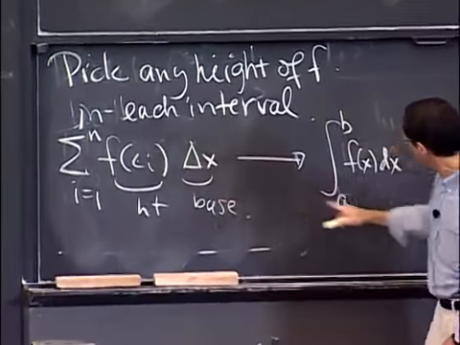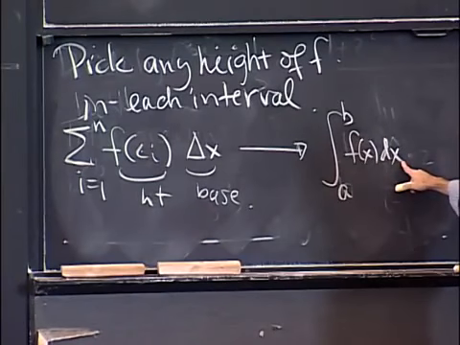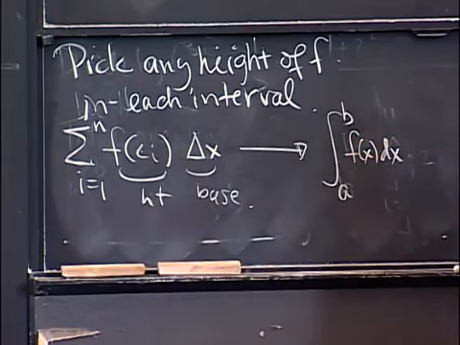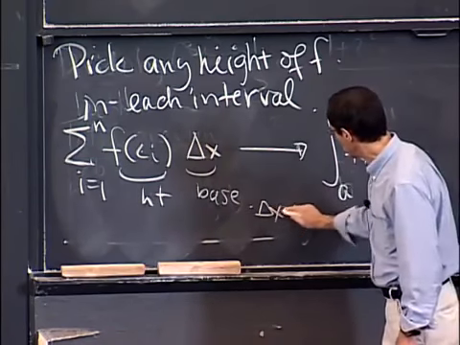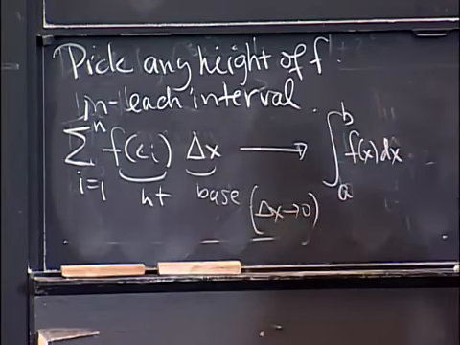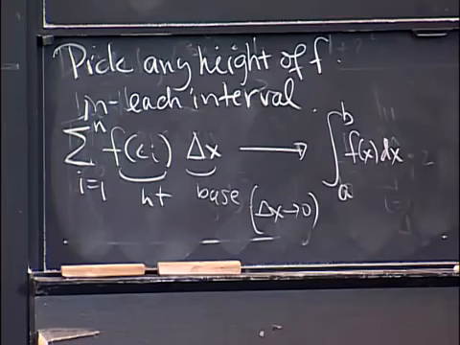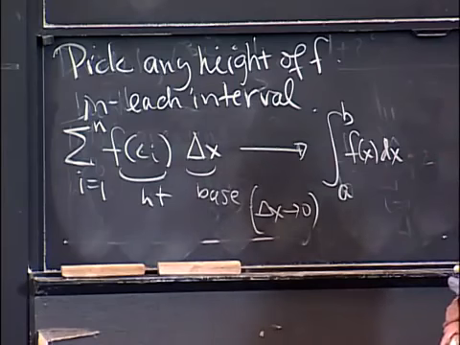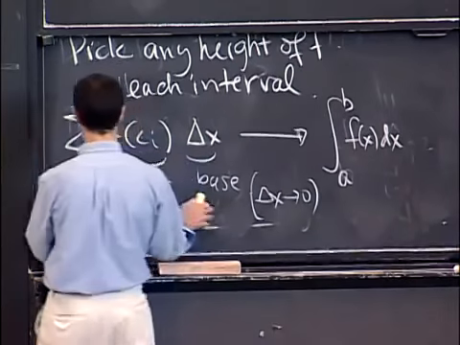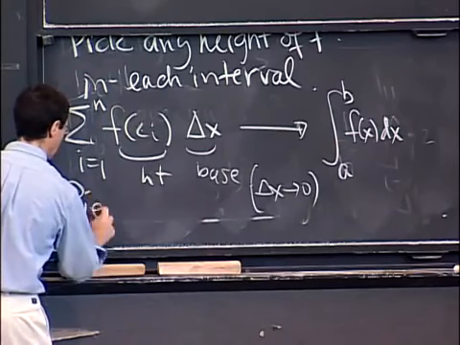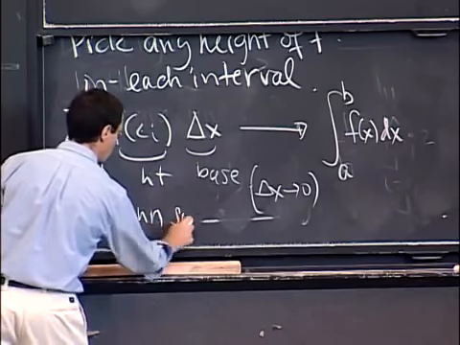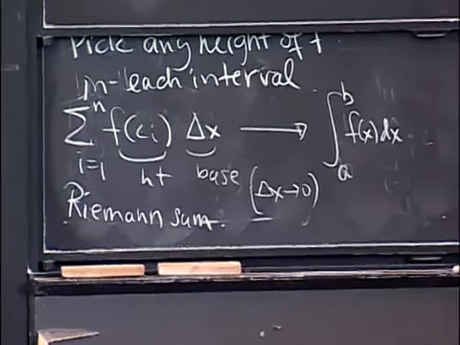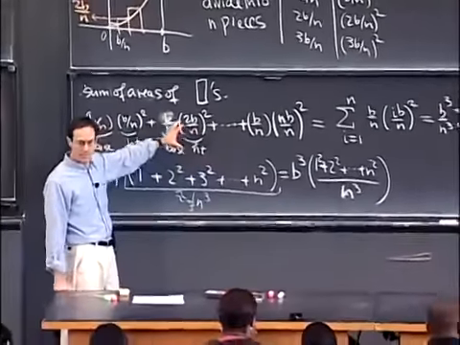And notice that the delta x gets replaced by a dx. So this is what happens in the limit as the rectangles get thin. So that's as delta x goes to 0. And these gadgets are called Riemann sums. This is called a Riemann sum. And we already worked out an example. This very complicated guy was an example of a Riemann sum.